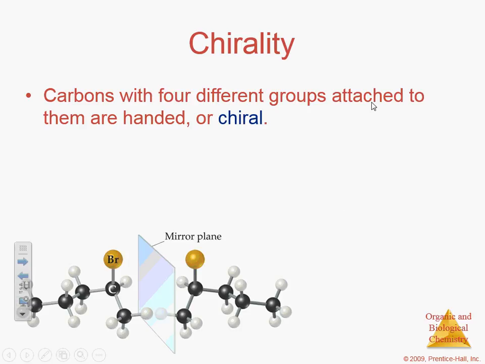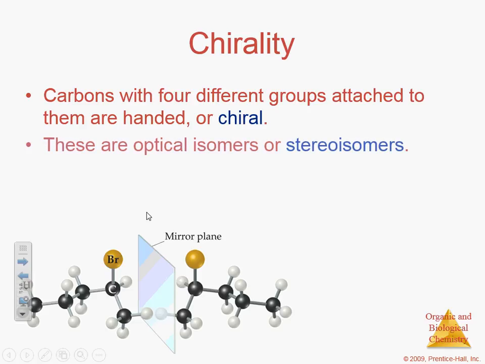We're not going to go into it, actually we'll do this real quick here. Carbons with 4 different groups attached to them are handed, or what we call chiral. What the heck does chiral mean? That means they are optical isomers or stereoisomers. What that means is if I flip-flop them in a mirror, they're the exact image. So right here, this molecule has chirality, which means it's an exact mirror plane. It looks the exact same in a mirror.